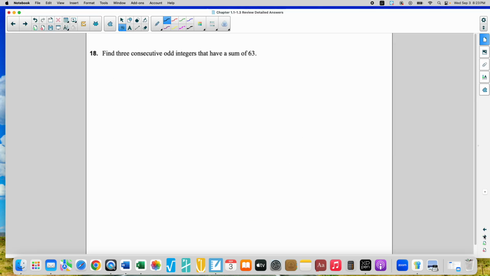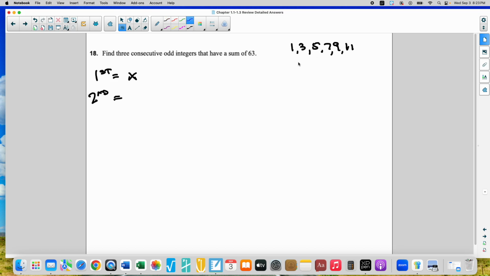18. Find 3 consecutive odd integers that have a sum of 63. 3 consecutive odd integers. So let's take the first number. Let's pretend that is x, which is an odd number. So our second number, if this one is odd, how many to the next odd? Well, odd numbers are 1, 3, 5, 7, 9, 11.